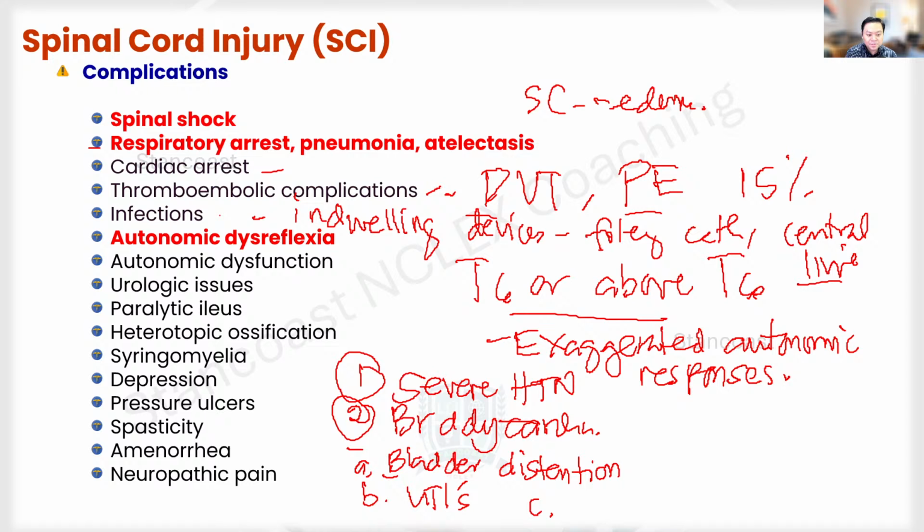Let me put that right here. Obstructed Foley tubing. Okay? Or let's say the bag has been full already. It's not causing proper outflow of the urine because the bag is already full. Obstructed Foley or overfilled urine bag.